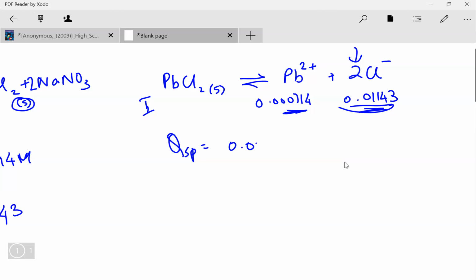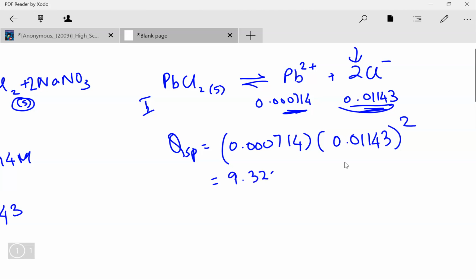I take the lead concentration times the chloride concentration squared, because that 2 does affect the square. So I'm going to square that, multiplied by 0.000714, which gives me 9.325 times 10 to the power negative 8.